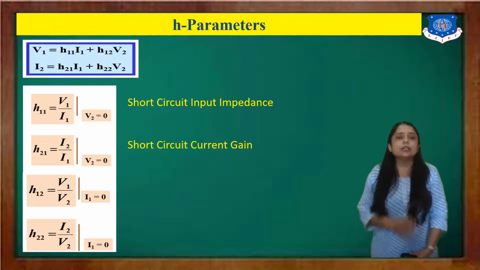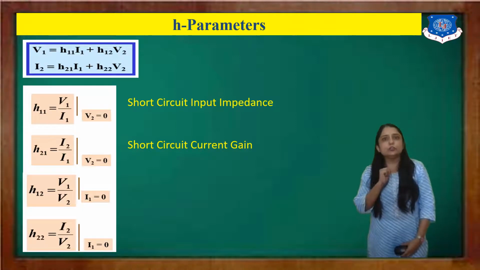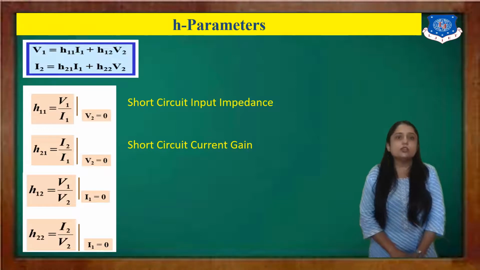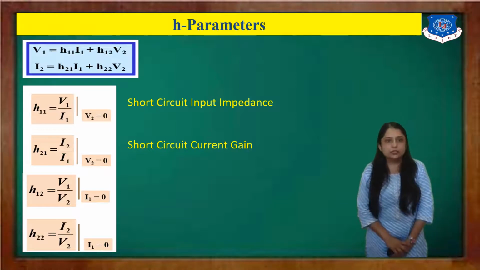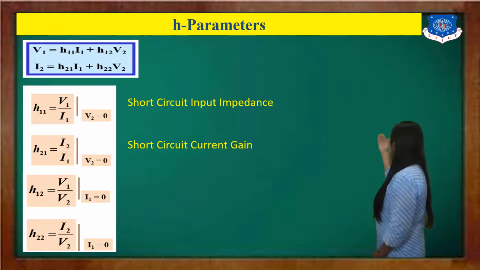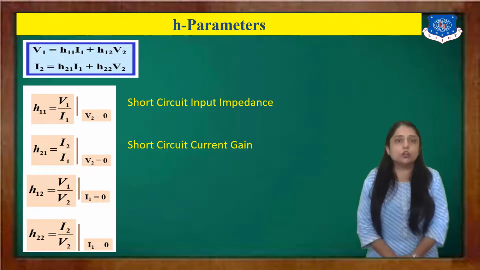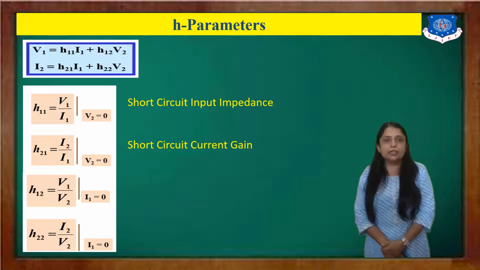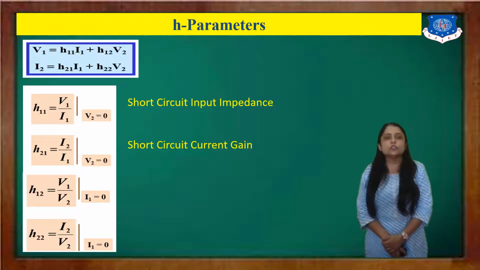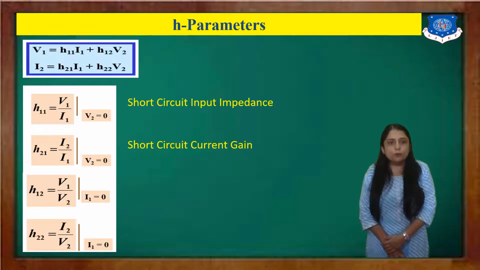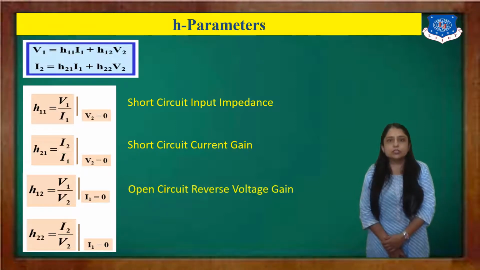Here my current I1 equals 0, and I1 current 0 means an open circuit. And here it is V1 divided by V2. If I have output voltage divided by input voltage, that is known as voltage gain. But here it is reverse, so this is known as the open circuit reverse voltage gain.